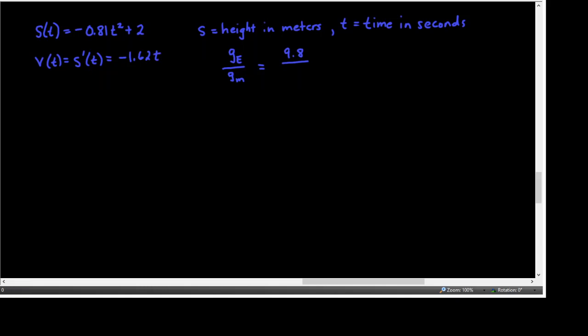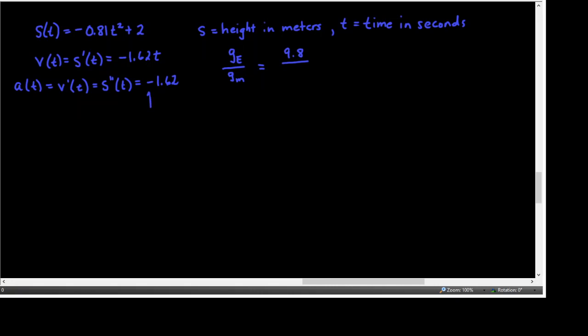Okay, and then can we find the acceleration function? Yes, we can. Acceleration is the first derivative of velocity. It's also the second derivative of position. And that's negative 1.62, which is a constant. Of course, what that means is that it's a force downward because it's negative.